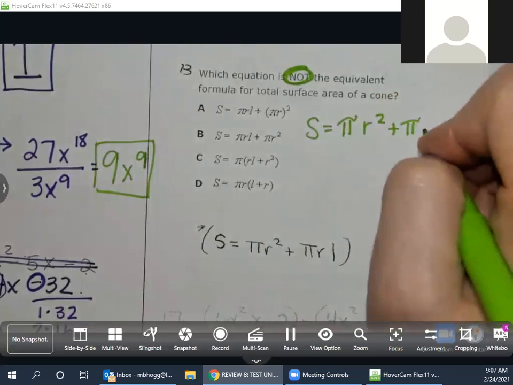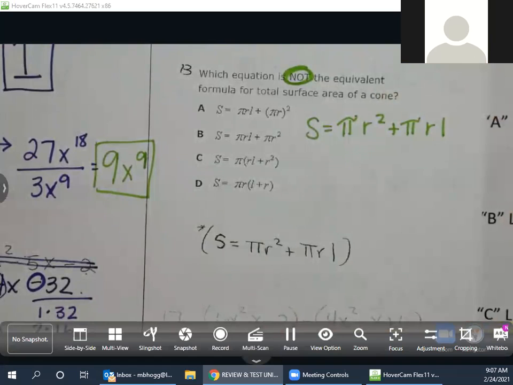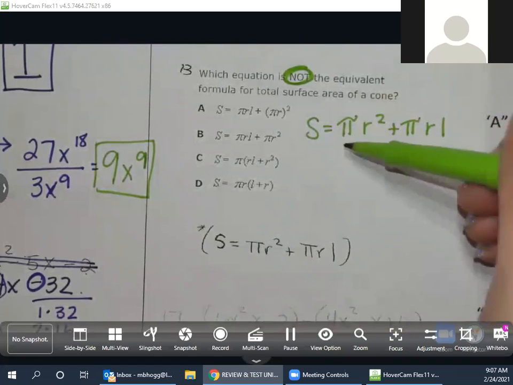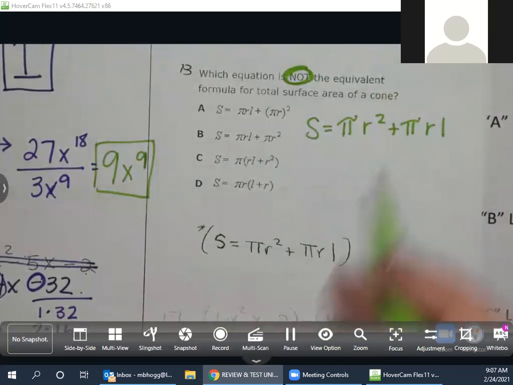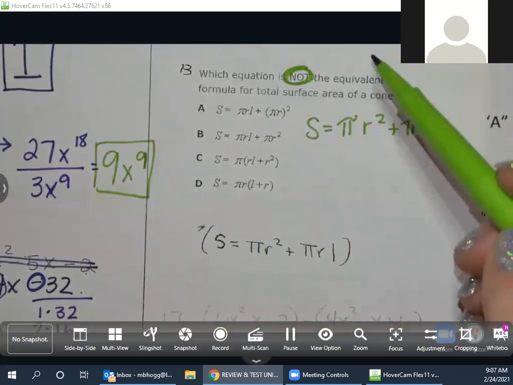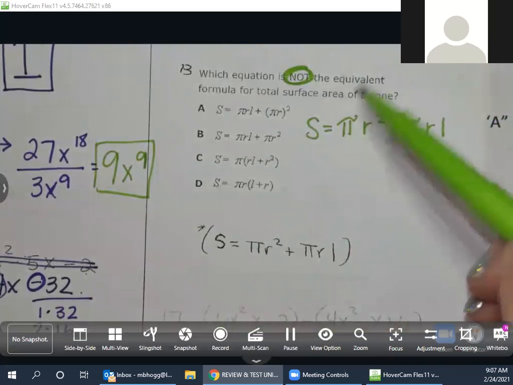There's not a question like this on the test. So this is the surface area of a cone. That's a formula: pi times the radius squared plus pi times the radius times the length. Oh, they did? Oh, that's great. Yes, thank you. Okay, so what would be the one that is not equivalent.